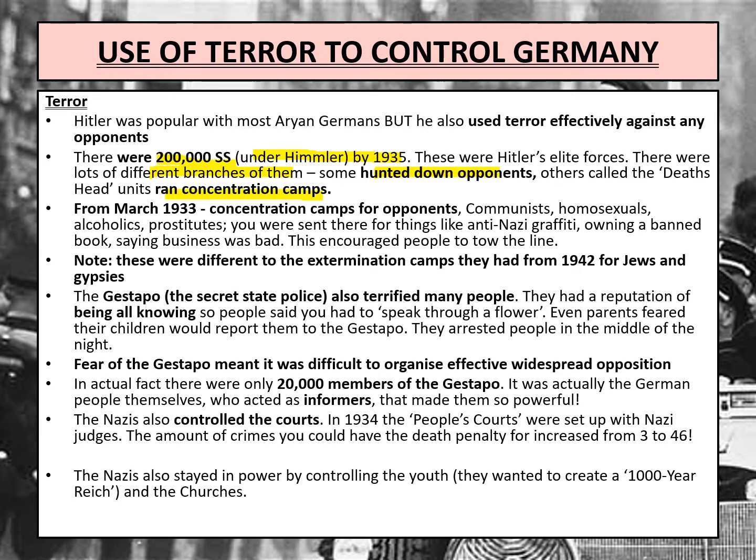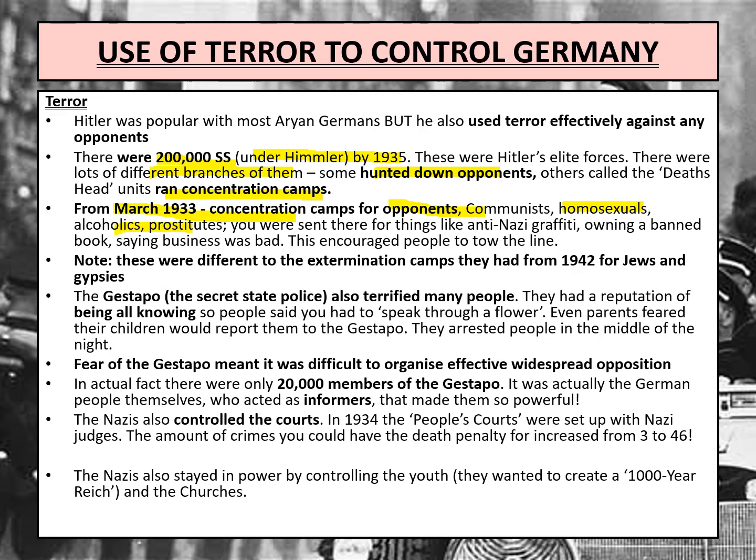We've just mentioned that they ran concentration camps, and remember that they had the first concentration camp from March 1933 at Dachau, just outside of Munich. These concentration camps at first were for opponents, people like the communists, and from 1936 the Nazis started arresting people for being homosexual, for being alcoholics, for being prostitutes.